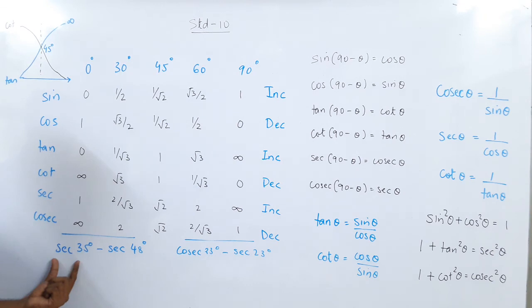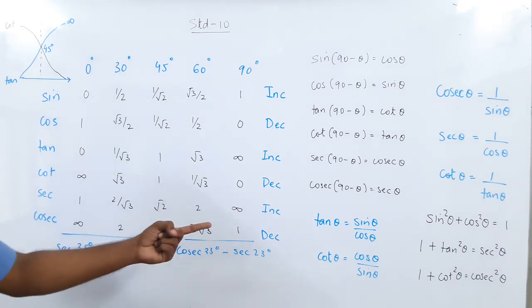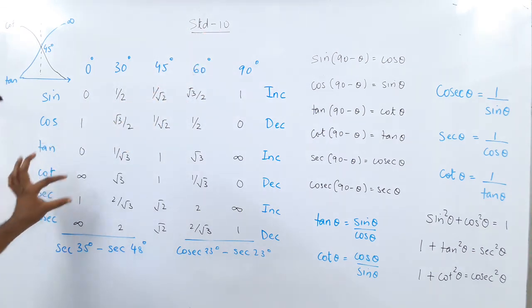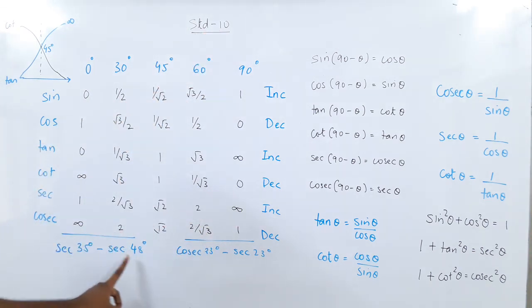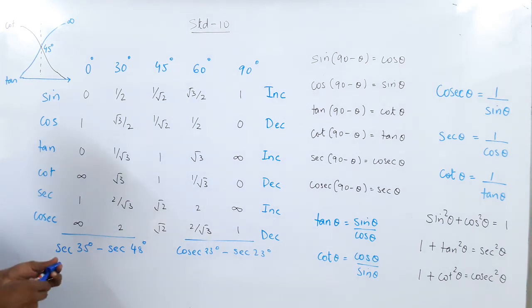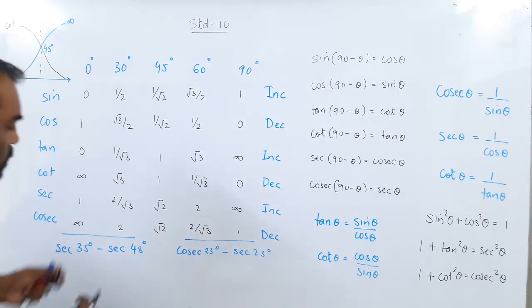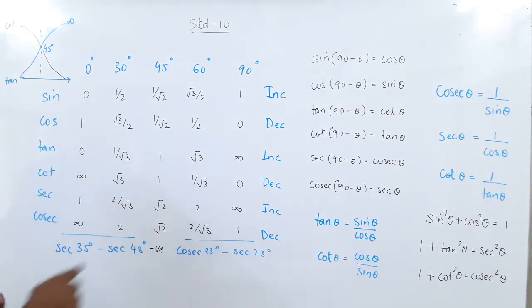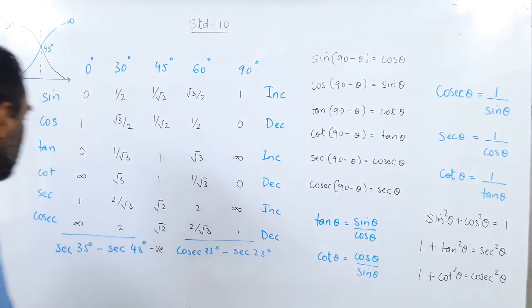Increase in degree means increase in value. So sec 48 is bigger than sec 35. So this answer will be negative. Why? Because sec 48 is bigger than sec 35. Smaller minus bigger value.